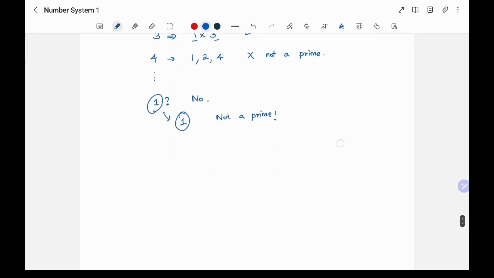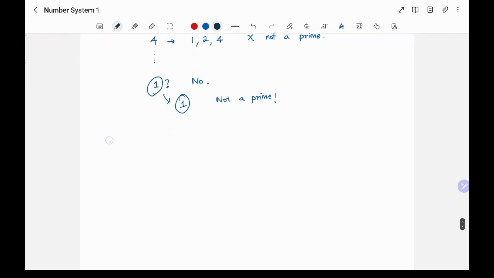Okay. Now we'll see about composite numbers. So composite numbers are the opposite of prime numbers. So these numbers are not prime numbers. Hence, what should be their property?